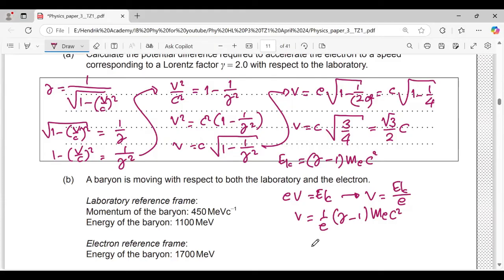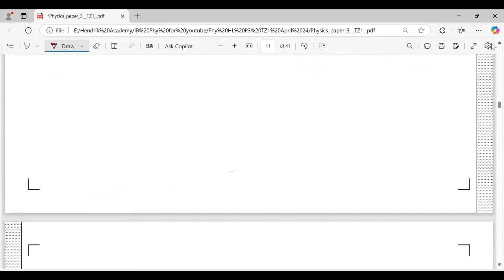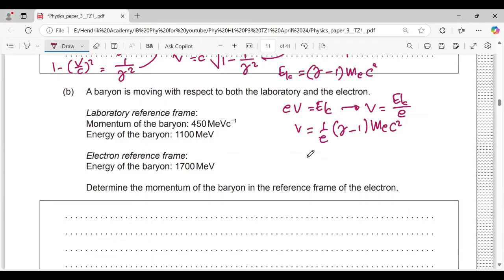So I'm going to calculate with it. Phi equals 1 over e times (gamma minus 1), where gamma is 2, so it means 2 minus 1, times the mass of the electron, 9.11 times 10 to the power minus 31, times c squared, where c is 3 times 10 to the power 8, over e, 1.6 times 10 to the power minus 19.